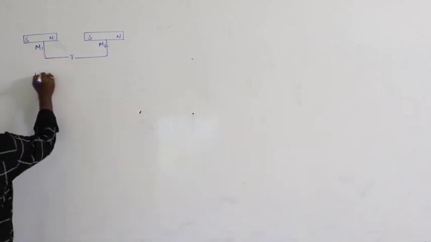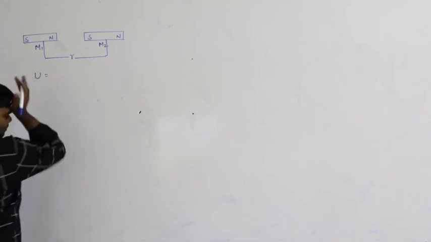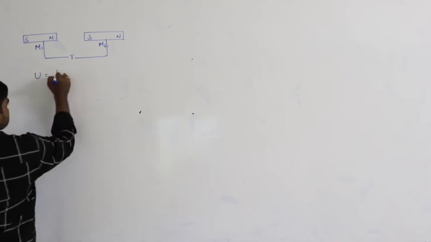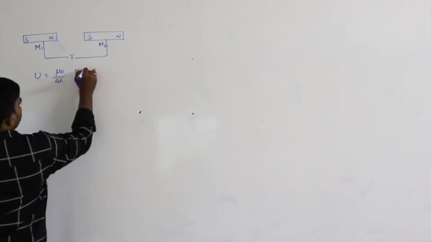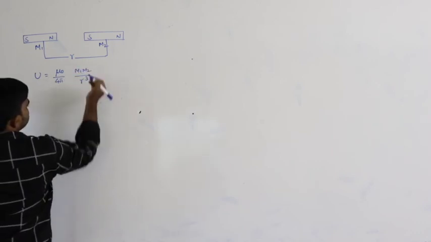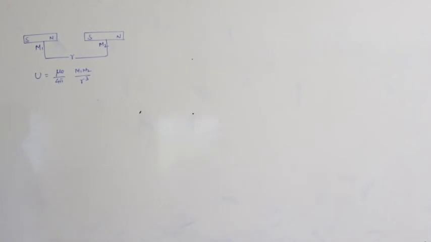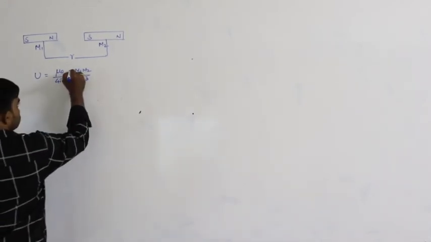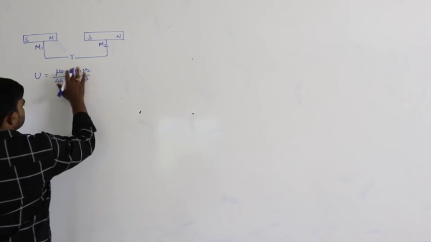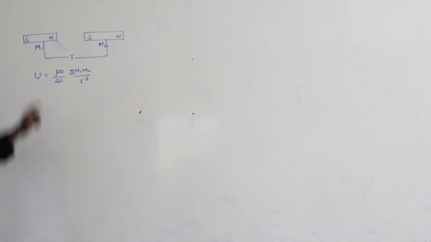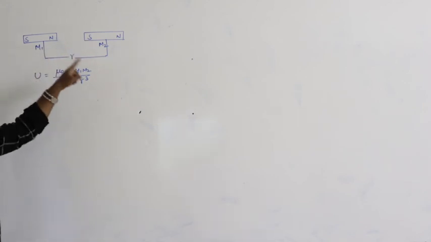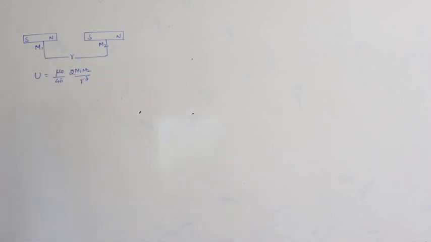Then the magnetic energy between these two magnets is U equals mu naught by 4 pi 2 m1 m2 by r cube, because axial points means a factor of 2.